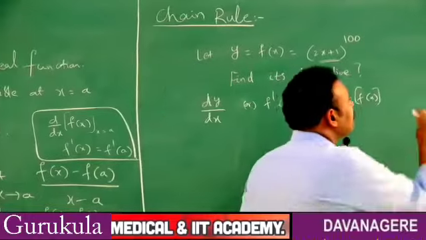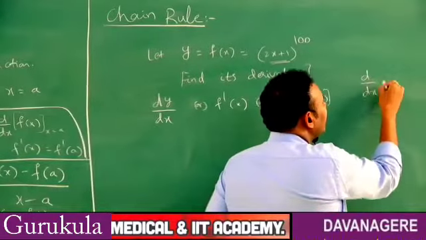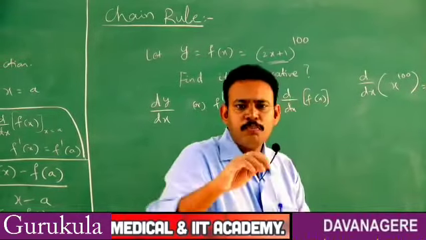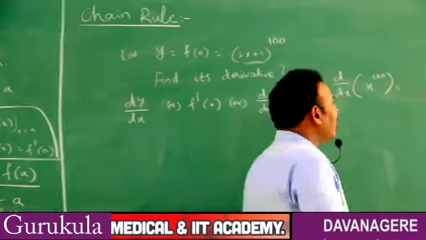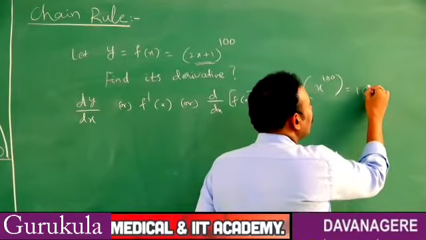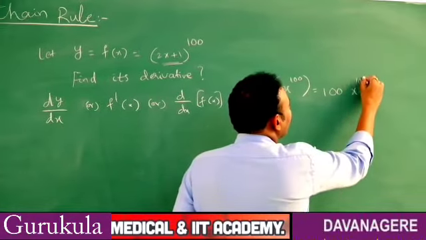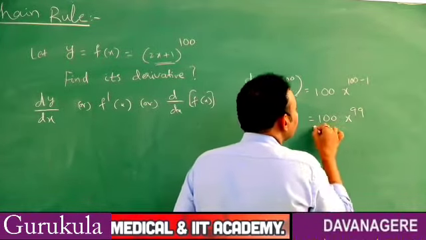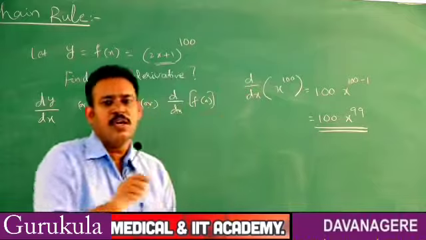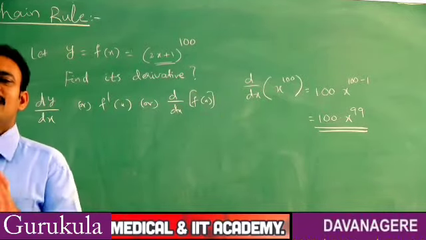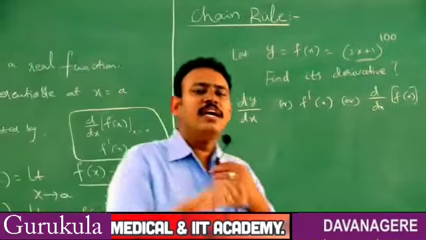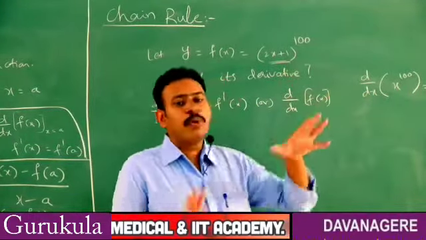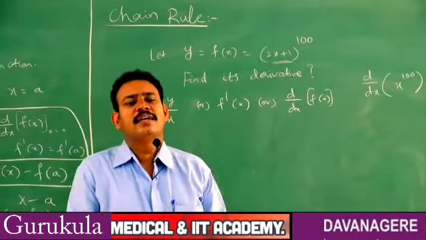If d by dx of x power 100 is there, you can simply write the derivative n into x to the power of n minus 1, that is 100 into x to the power of 99, students. But here it is not like this; in the place of x, 2x plus 1 is there.